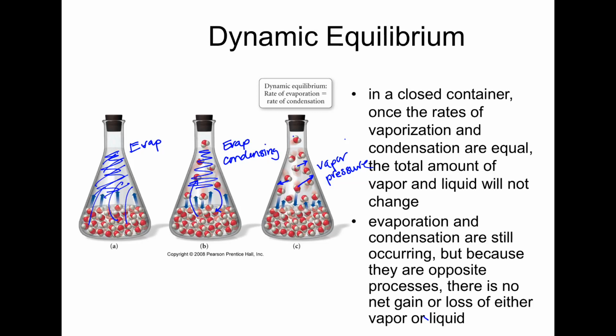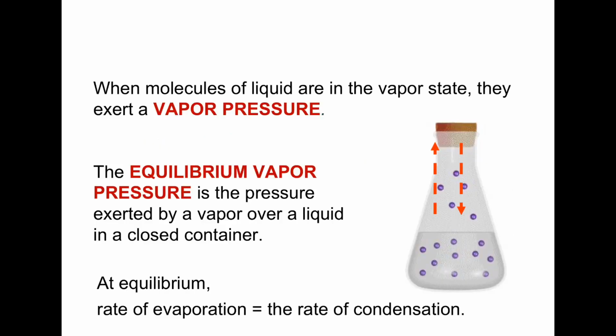The more molecules that are in this vapor phase, the higher the vapor pressure. That's the same thing as Avogadro's law, which is saying that the more moles of gas, the more volume and the more pressure they're going to exert. So those vapor molecules, once they've come from the liquid phase and gone to the vapor phase, exert this thing that we call the vapor pressure.